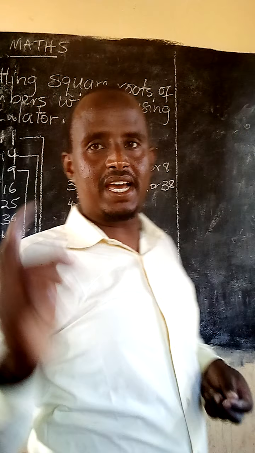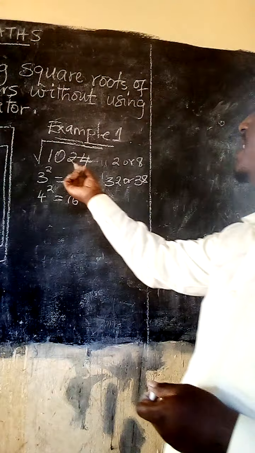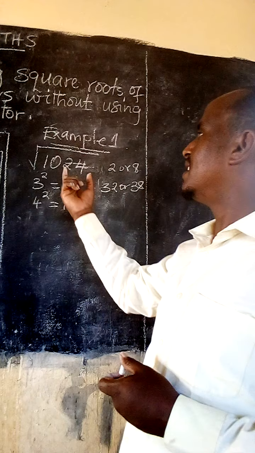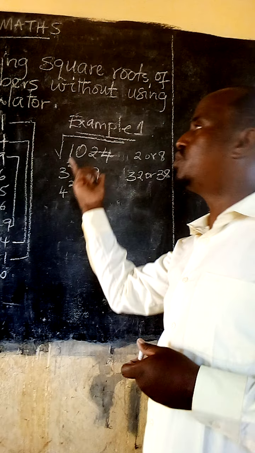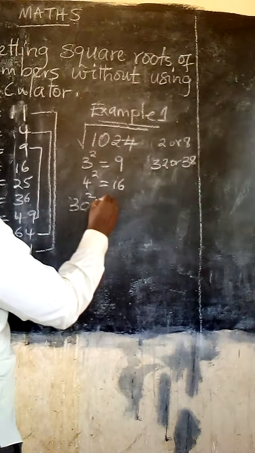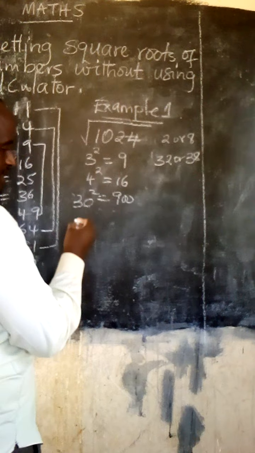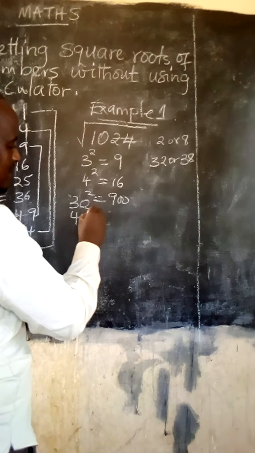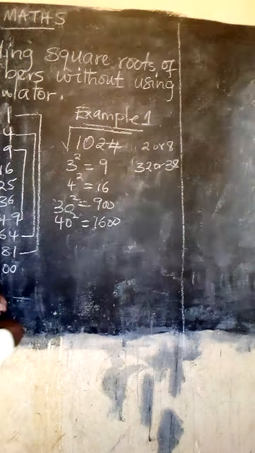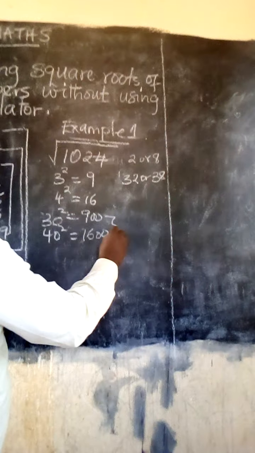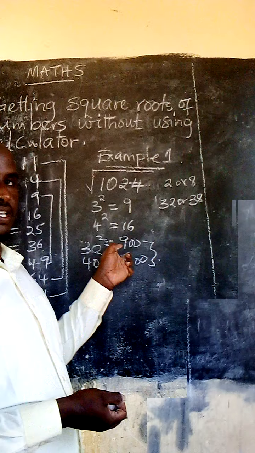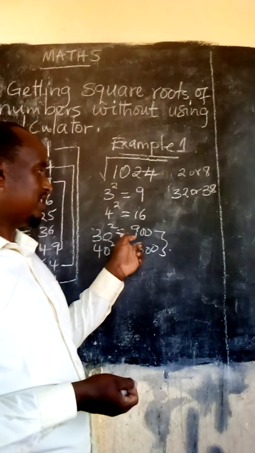Now here comes the last step. When we say 1024, the number will be in between 900 and 1600. So 30 squared will give you 900, and 40 squared will give you 1600. So in between these two, 1024 is nearer to 30 squared.